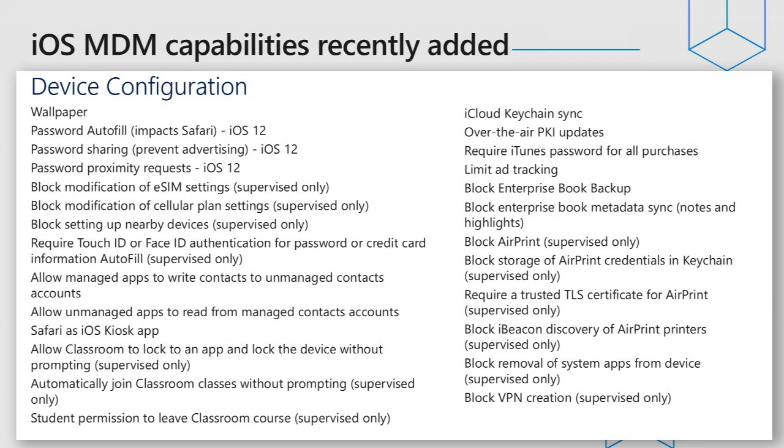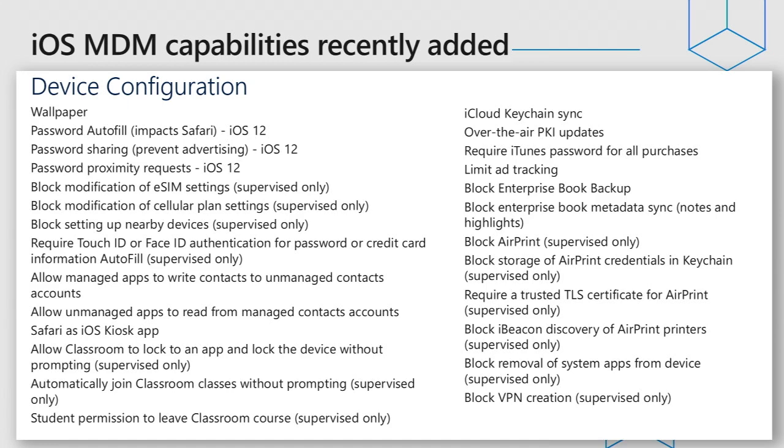Next, I'd like to talk about some of the things we've done recently in device management. As you can see, this is a huge chunk of device configuration capabilities that we have recently added. So I'll talk a little bit later about wallpaper, which I'll actually be demoing for you. But what I really want to point out is that I'm sure within all of your organizations, you can see a use case for one or two of these.